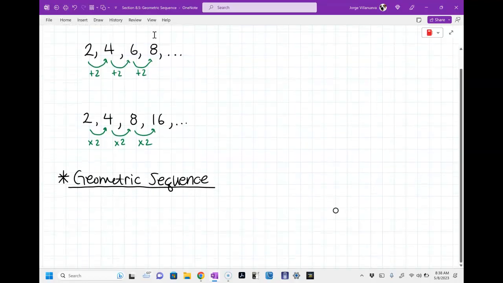So a geometric sequence is when you multiply, not divide, just multiply.